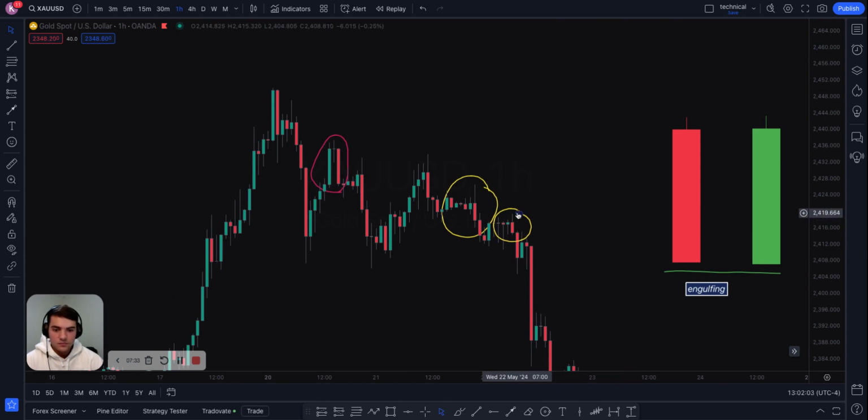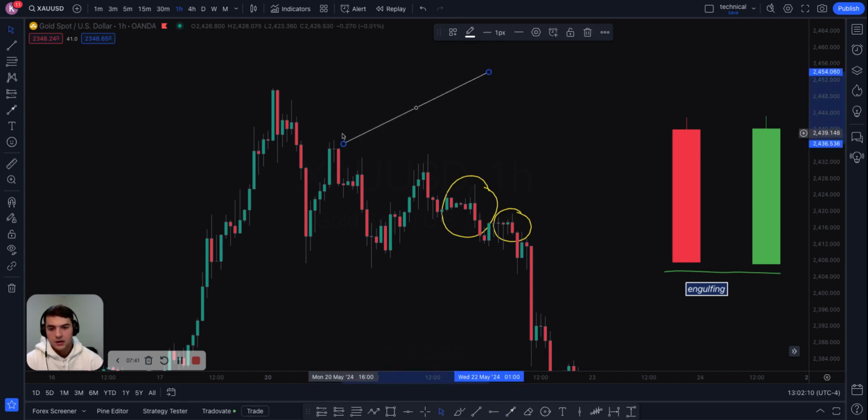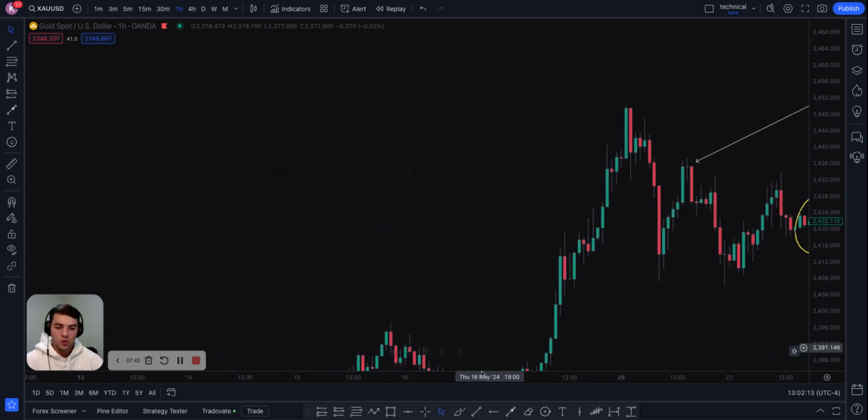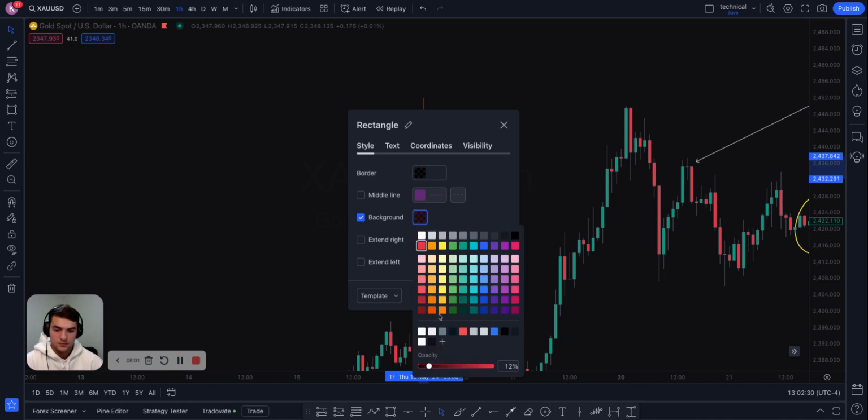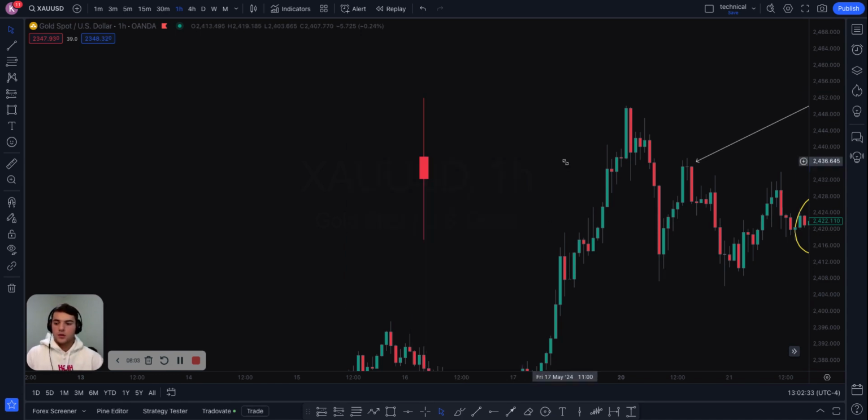All right, so 3 more examples here. This one is a very specific one, which indicates basically reversal or indecision, right? When you see a candle like this with a wick, and then a strong body here, actually a small body, just like this one, it means indecision.